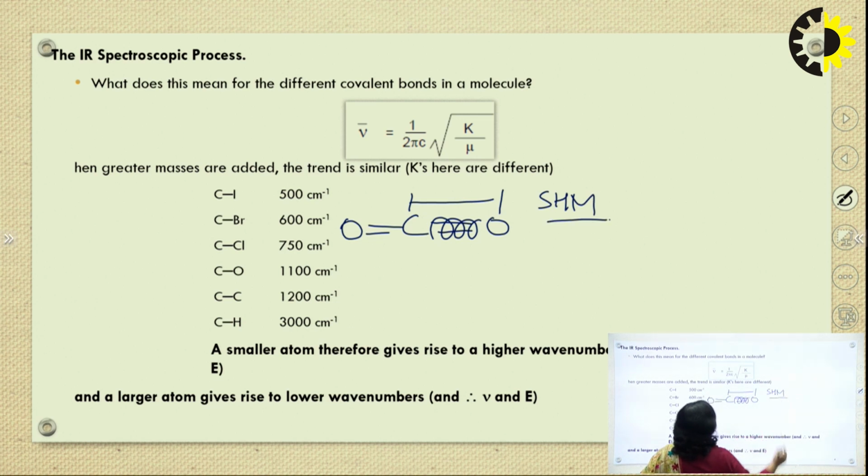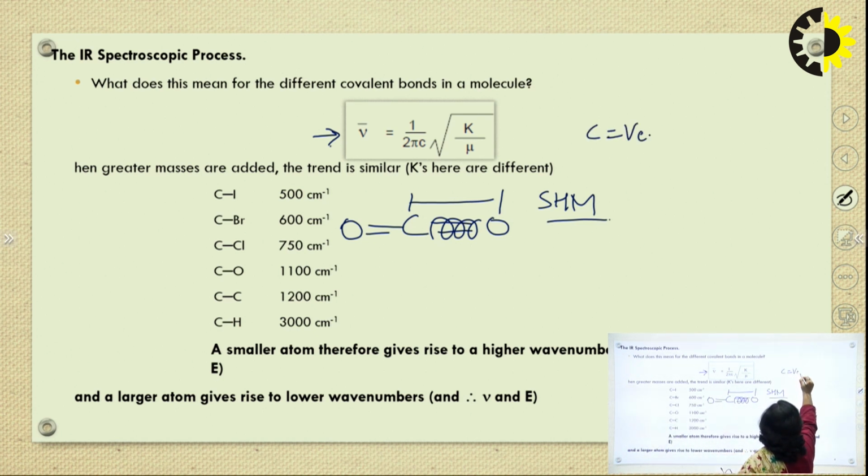The frequency is given by the formula nu bar equals 1 upon 2 pi c times the square root of k by mu, where c is the velocity of light and k is the force constant.